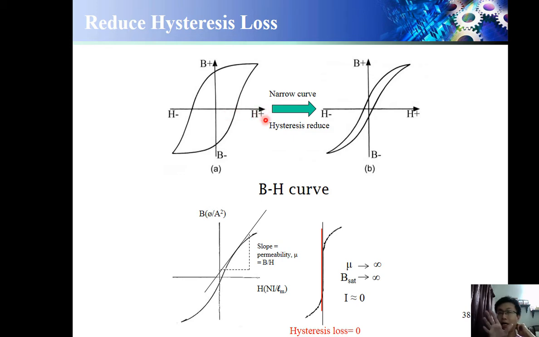When we apply current inside the winding, it creates a magnetic field. We call it magnetic field strength, which is proportional to the current.